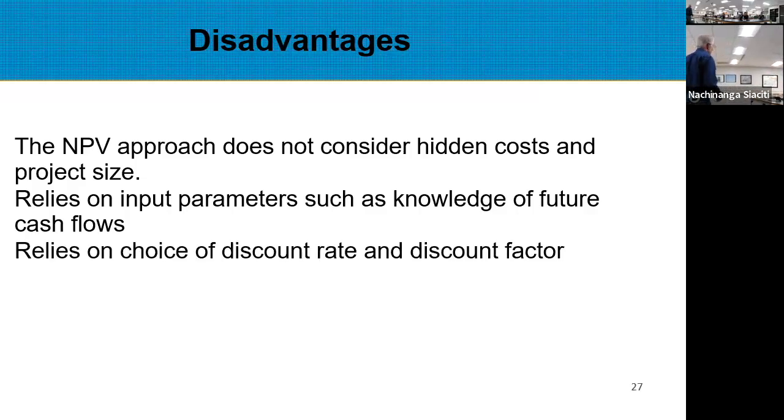And this is one of the key ones. It relies on a discount factor. And the question becomes, with the discount factor, how do you account for risk? That's usually one of the big ones. In a lot of companies, what they'll do is they'll say, okay, my minimum expected rate of return is 10%.